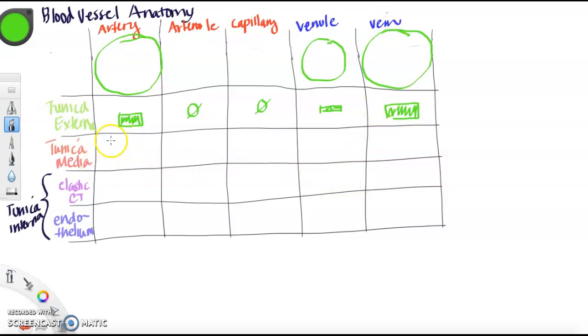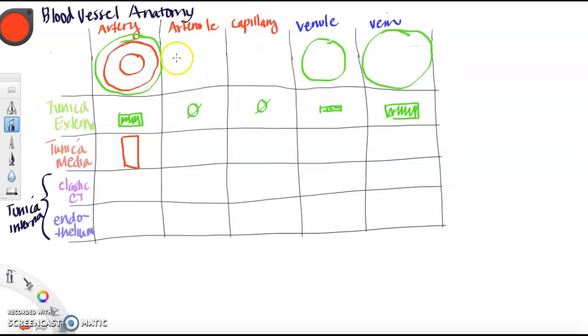Okay. Tunica media. So tunica media, we're talking about the smooth muscle. Do arteries have smooth muscle? Yeah, they do. So we have about this much tunica media and about that much smooth muscle, quite a bit. So arteries have a lot of smooth muscle.